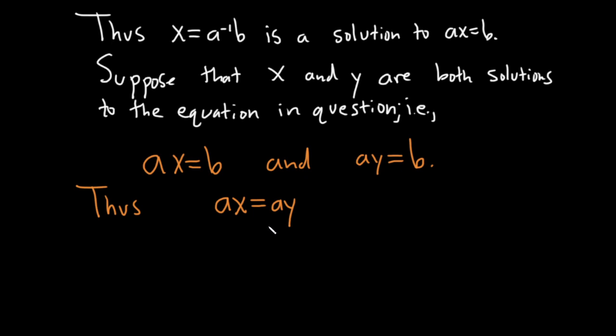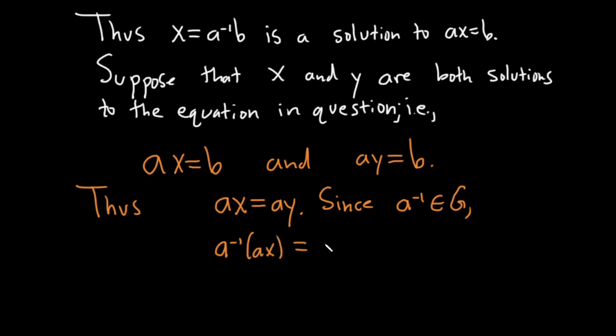At this point, you can invoke the cancellation property, or you can do it manually. Usually, by the time you show this, the cancellation property is already discussed. Let's pretend we don't have the cancellation property, and let's just do it all from first principles. Since A inverse is in G, because it's closed under inverses, we can multiply both sides of this equation on the left by A inverse.